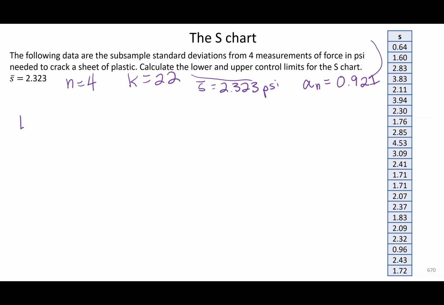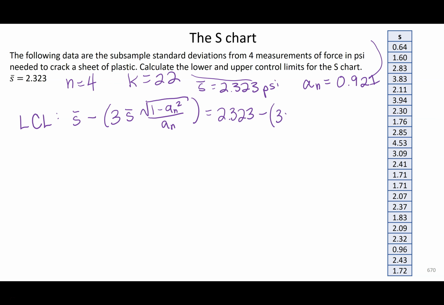So looking there for my lower control limit, it's going to be that S bar minus 3 times S bar times the square root of 1 minus this. Sorry, me talking while I'm writing, sometimes not as smooth. So I'm going to have that 2.323 minus 3 times 2.323 times the square root of 1 minus 0.921 squared, over 0.921.